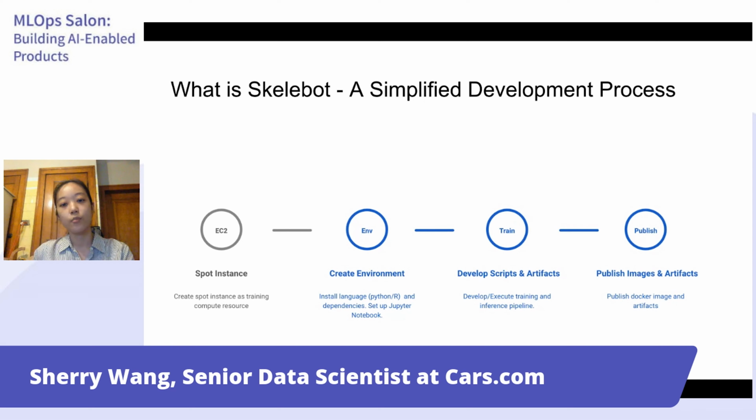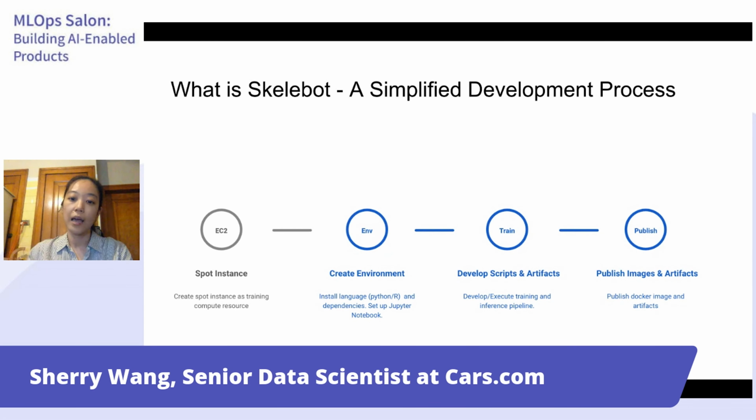And then it's where the fun starts. We do a lot of data exploration and feature engineering, and we're probably going to try different models and evaluate them. Eventually, what we're going to have is something that looks like a pipeline for training and probably also for inference.